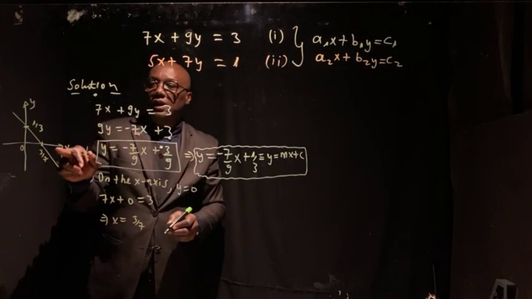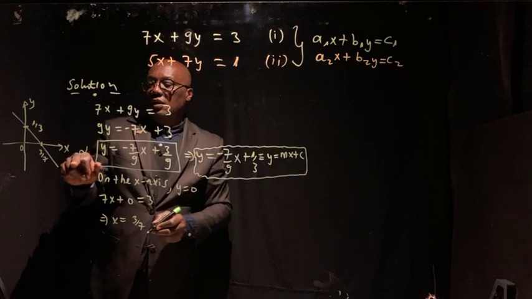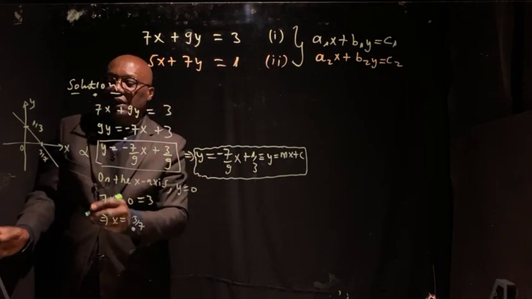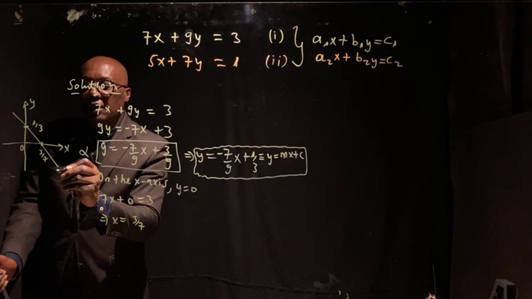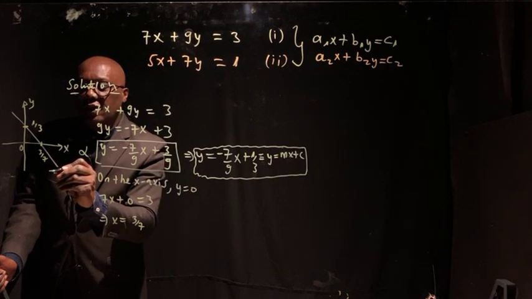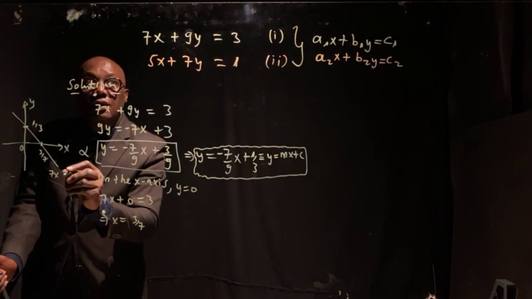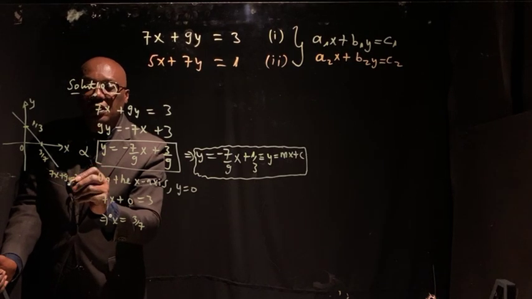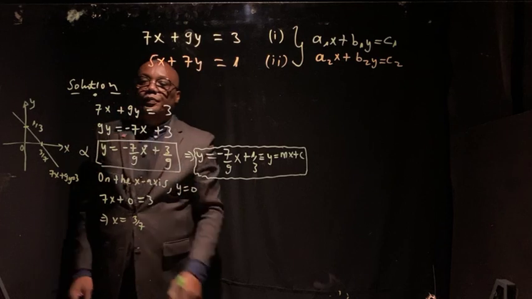So this equation, as you see there, this one or this one or this one, this should be the line. So I will say that this line is 7x plus 9y equal 3. This is this line.